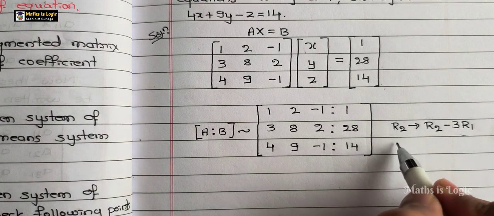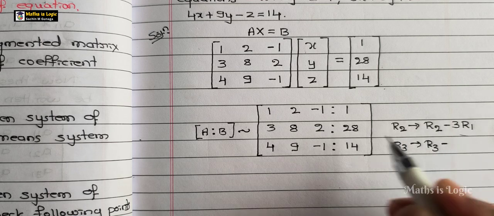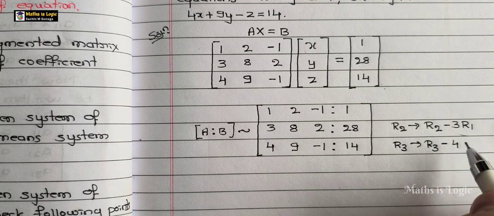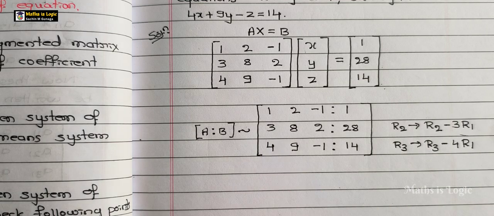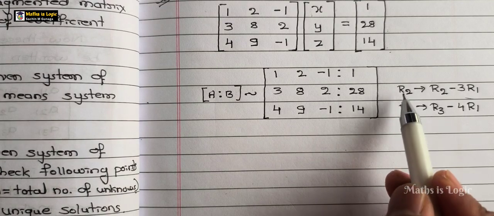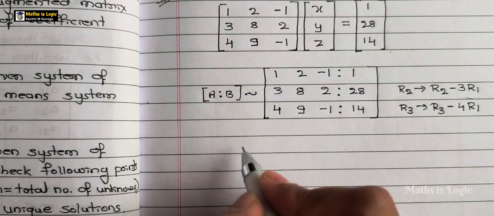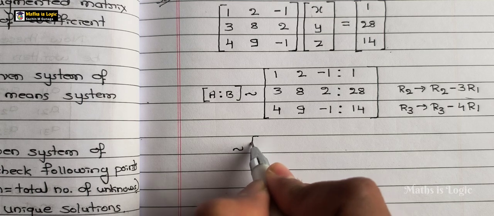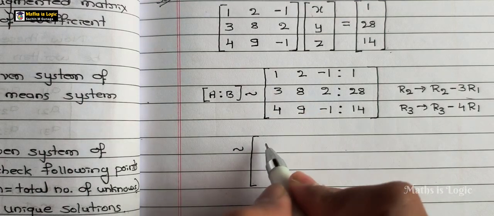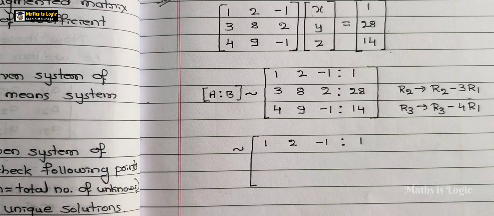Next, R3 changes to R3 minus 4 times R1. So these two values directly go to 0. Now we are changing R2 as well as R3, therefore write R1 as it is: 1, 2, minus 1, 1.